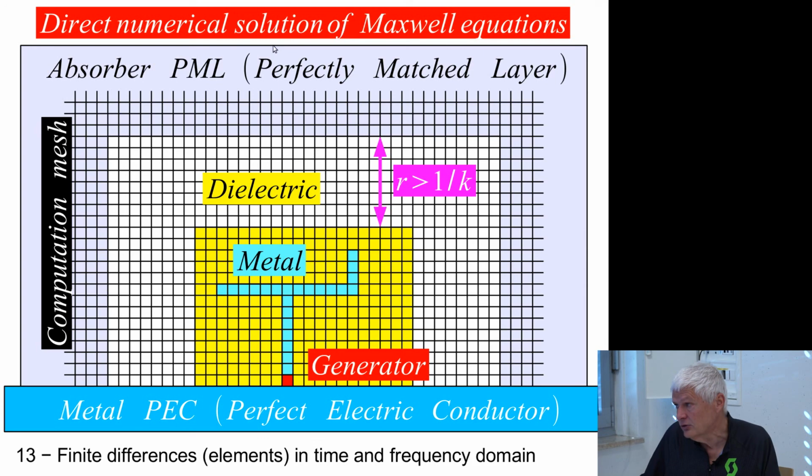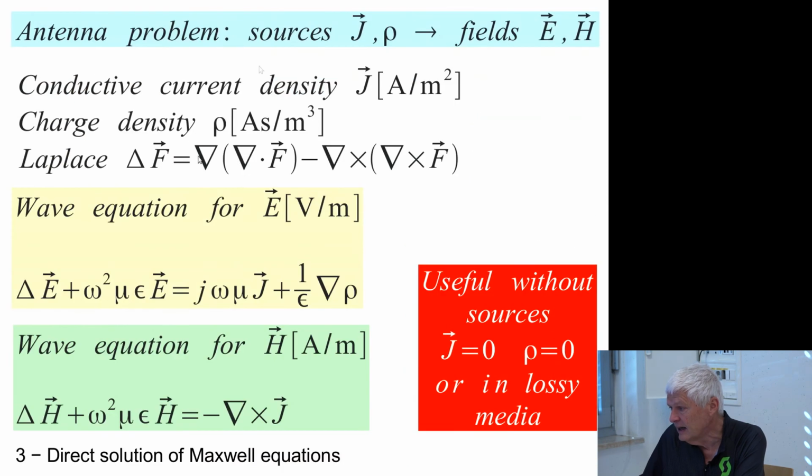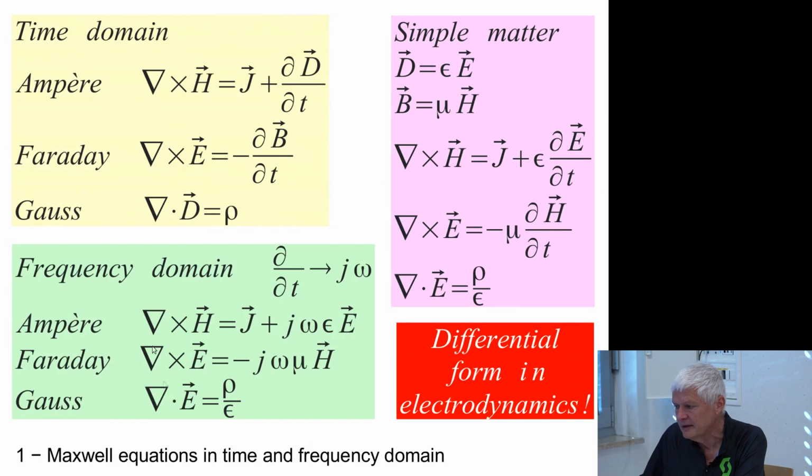We have here direct numerical solutions, so we are solving directly, numerically, the equations we have here, either in time domain or in frequency domain. Software may use both time domain and frequency domain.